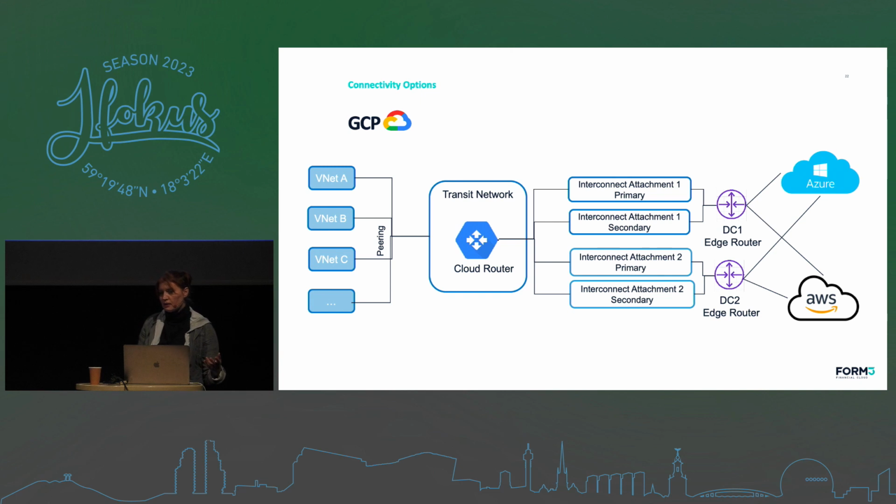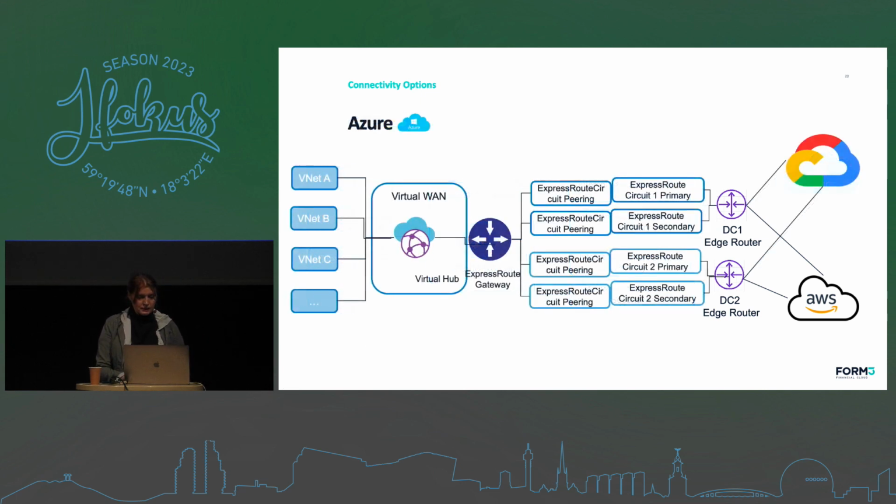In AWS, your virtual network is called virtual private cloud, VPC; in GCP and Azure, it's called a virtual network. But that's the same concept of separated network resources. So in transit network, you have a cloud router and you have a peering with virtual networks. And the rest looks very similar.